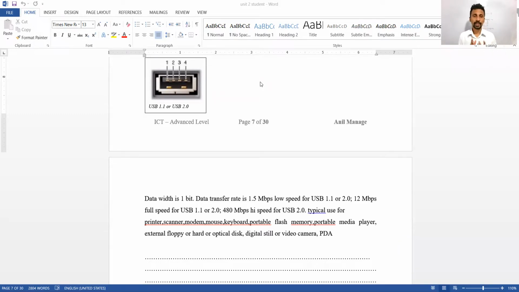If you are connecting to the correct port, you get the full speed. Sometimes you copy something and say it takes a long time, but if you are connecting to the correct port, it will definitely take the maximum speed, right?